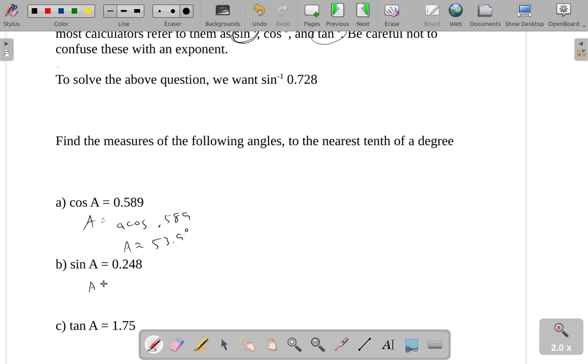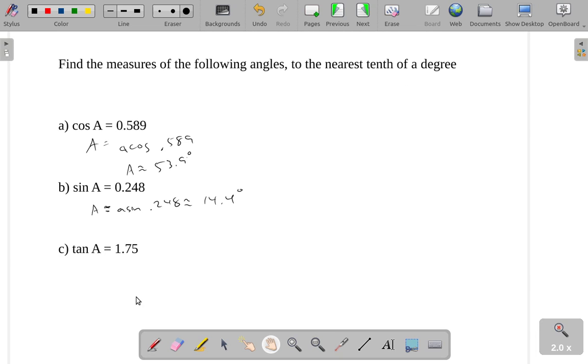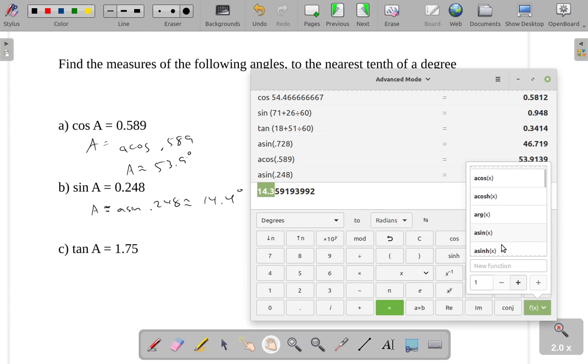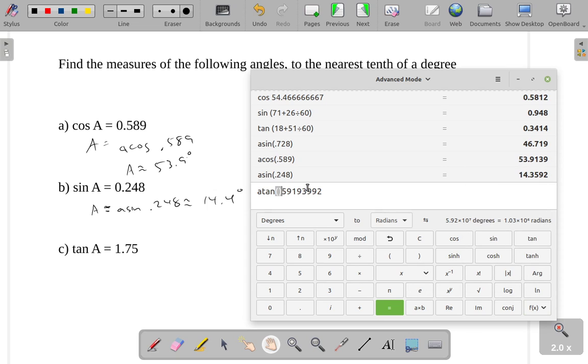A is equal to the inverse sine, arcsine, of 0.248, which is approximately 14.4 degrees. And inverse tangent, I'm going to go arctan. I had to scroll down there for a little bit to get to it. The inverse tangent of 1.75 gives me 60.3.